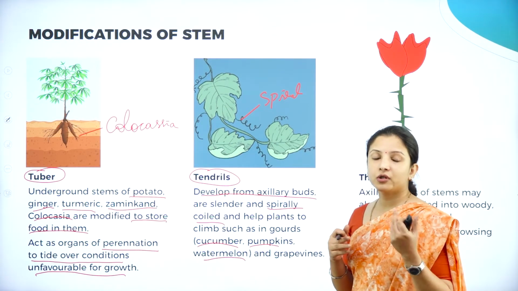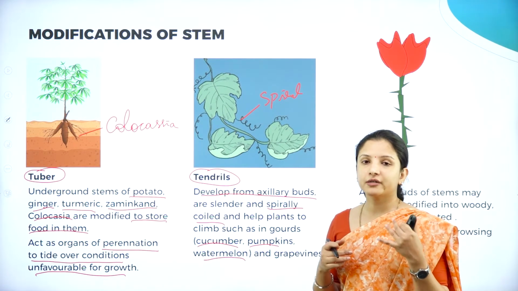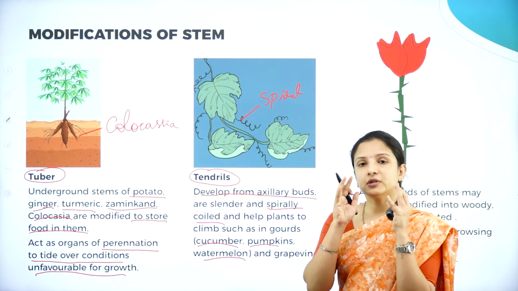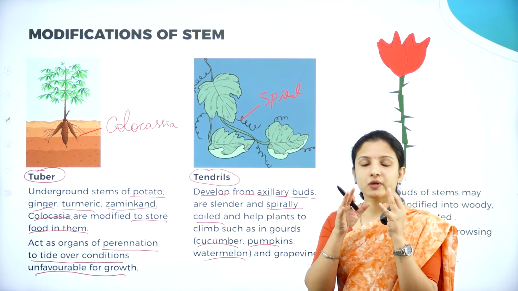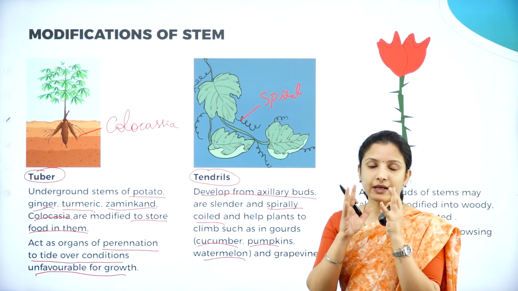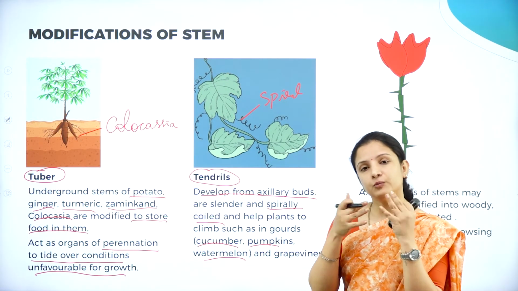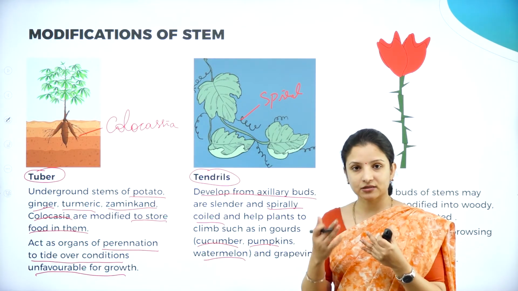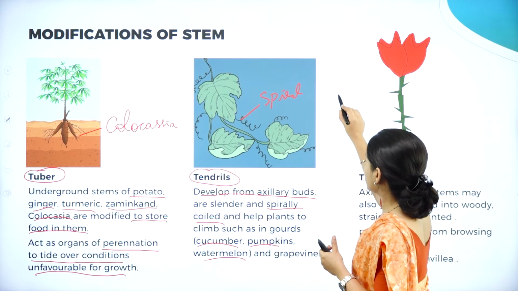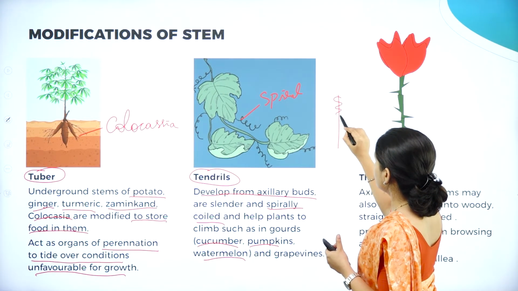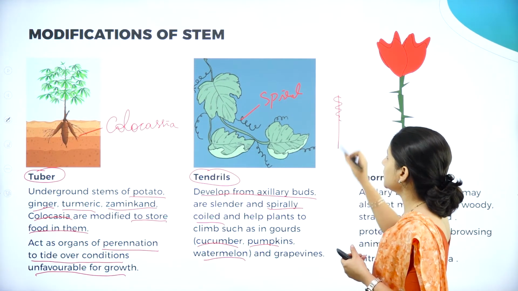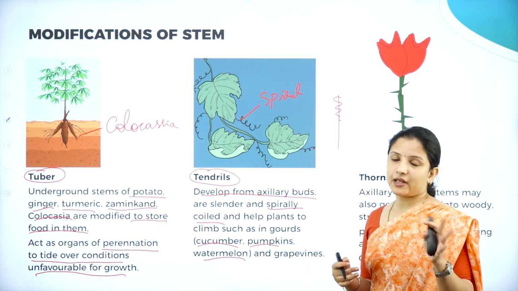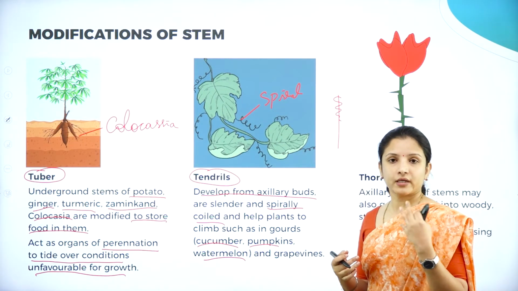Why are these present? When the fruit develops, you know that cucumber, pumpkin and watermelon are huge fruits, right? For the plant, it is very difficult to keep that huge fruit balanced. The plant might fall off because of the heaviness. So in order to provide extra support, these tendrils help in anchorage of the climber onto another plant, a pole, or another tree.